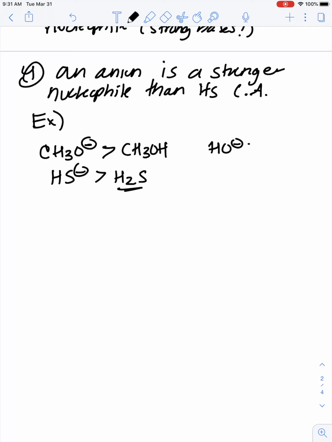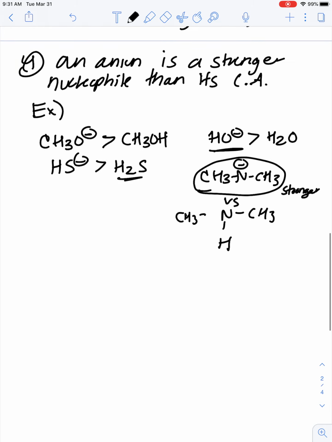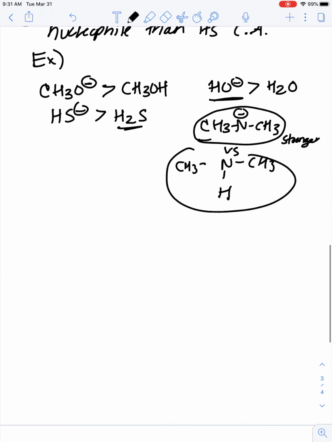We have our hydroxide versus water. Again, strong base, it's going to be a stronger nucleophile. When we're looking at this compound here versus this compound here, so this one would be a stronger nucleophile or stronger base versus this compound here.